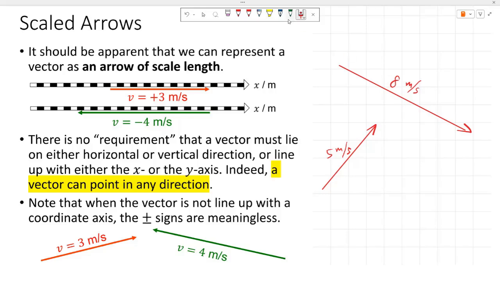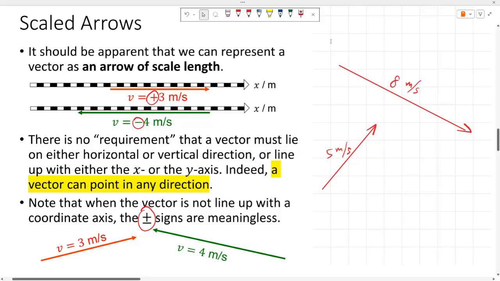Now, what about the plus or minus signs? Please remember that there's no point assigning positive and negative signs to vectors which are not lined up with a particular axis. You see that we used the plus or minus signs for these two velocities since they're either in the same direction as the positive x direction or opposite to it, to the left.